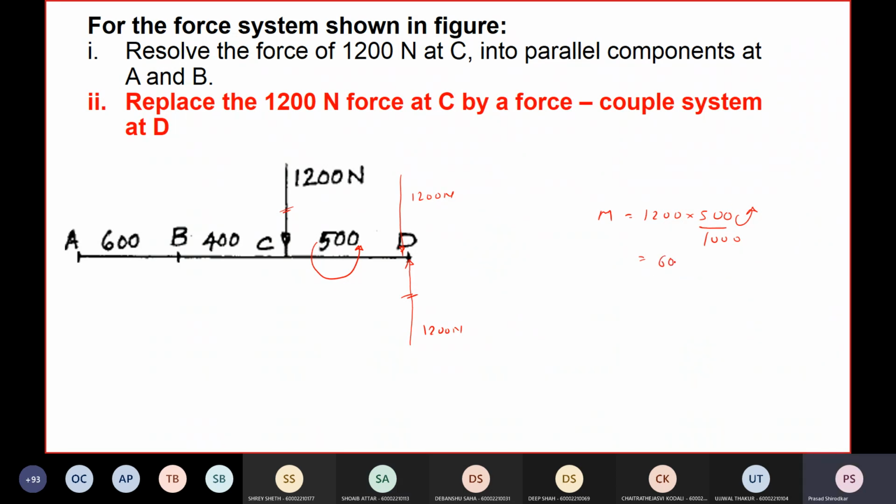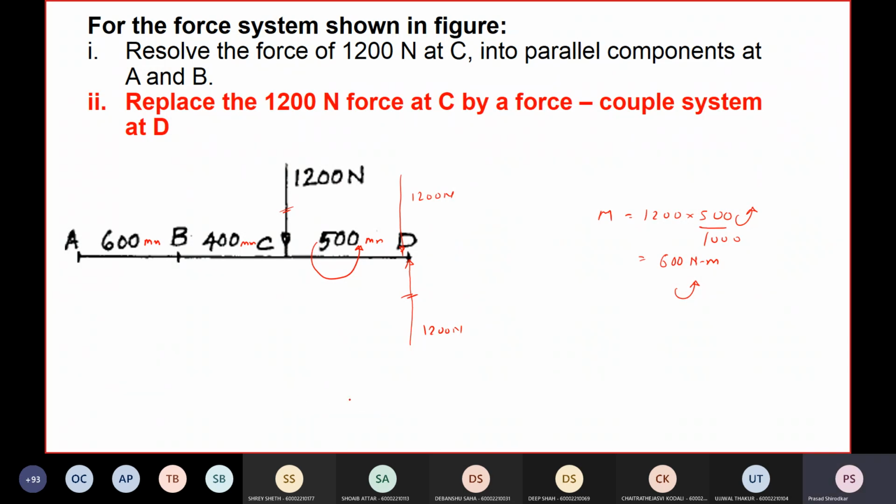So tell me in terms of Newton meter, because these are all in millimeters. So instead of writing such a huge number, it is correct. The 6 lakhs just divided by 1000 is 600 Newton meter. 600 Newton meters, correct. 600 Newton meters. Okay, and it is in counterclockwise. Okay, so this is the equivalent force system.